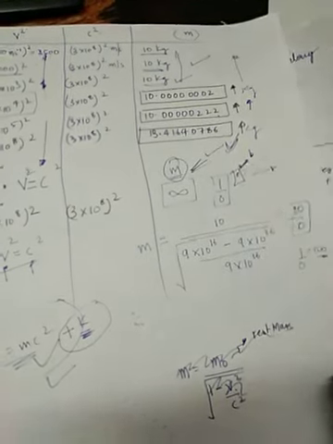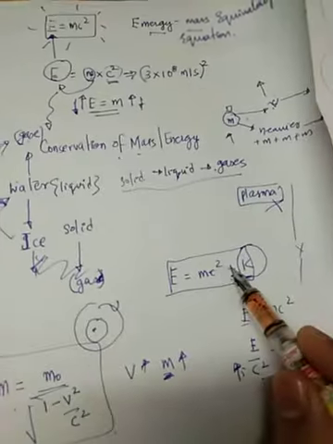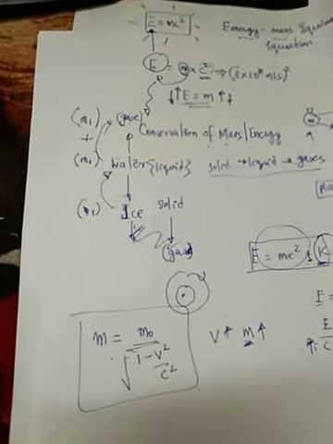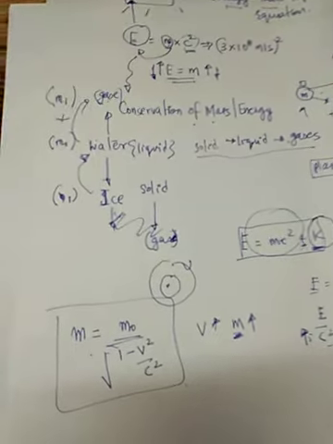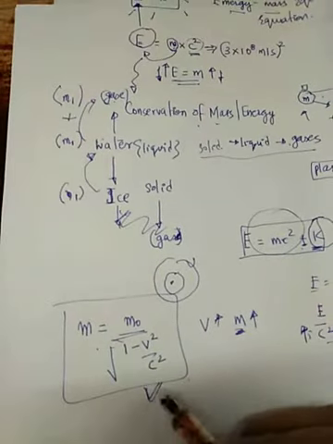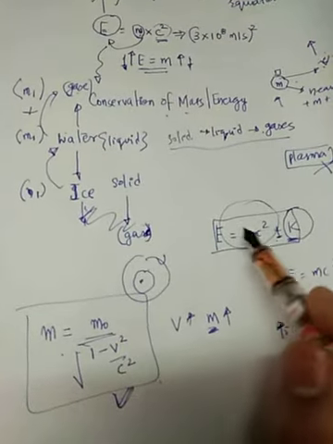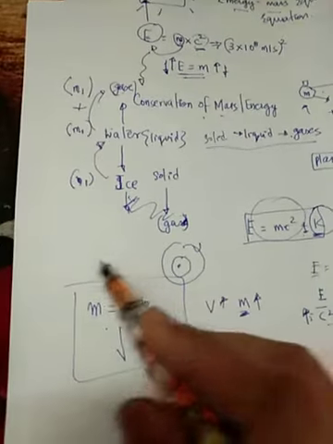So the two equations we have seen are E equals mc square for stationary objects, and the other perspective of the equation includes the kinetic energy. So cumulatively you get E equals mc square plus K, and that's for moving objects.